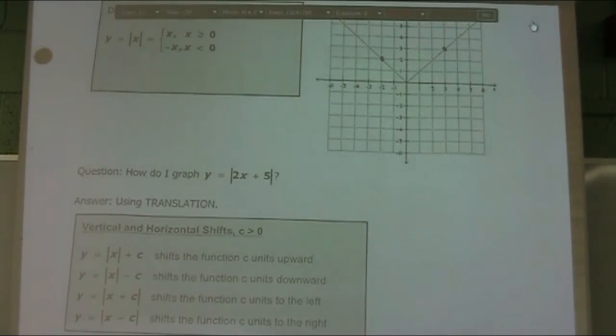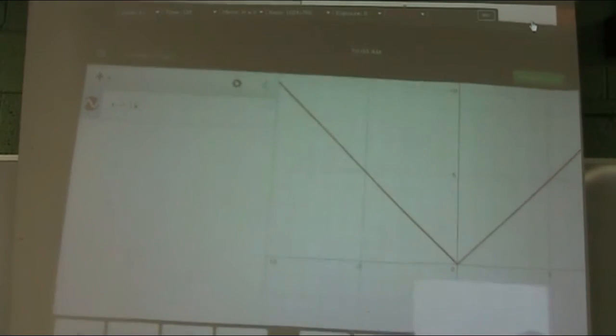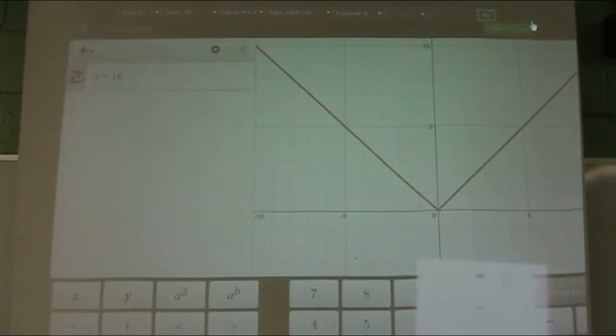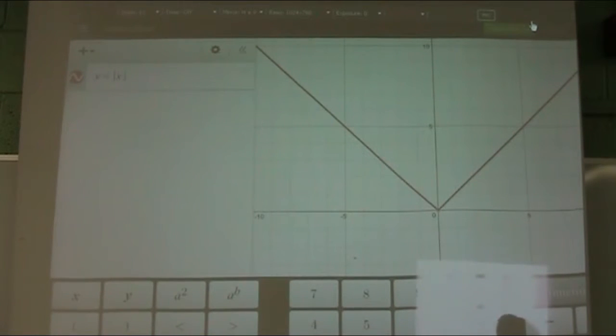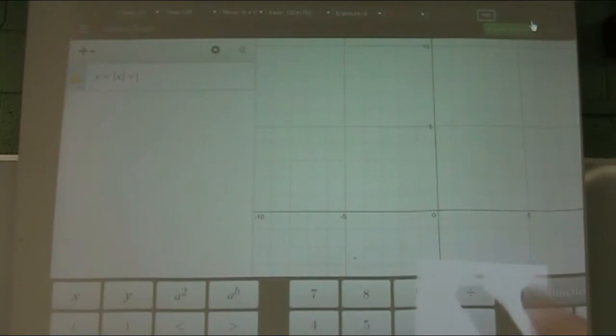So on my graph, I have y equals the absolute value of x. If I go to the end of my function, and let's say I'm going to add 3 to it, it moved it up 3 units. Okay? So it's still the same shape, it just got moved. So this is the absolute value of x plus 3.